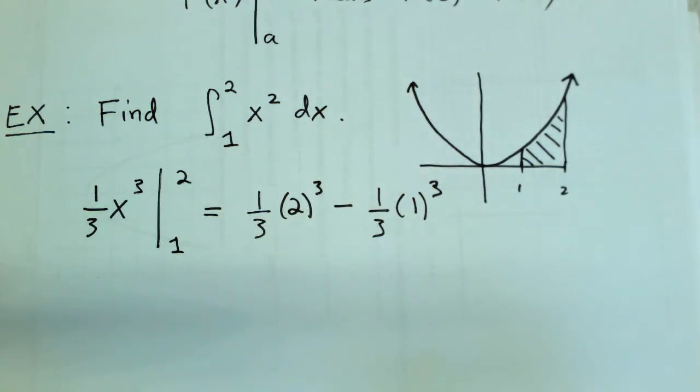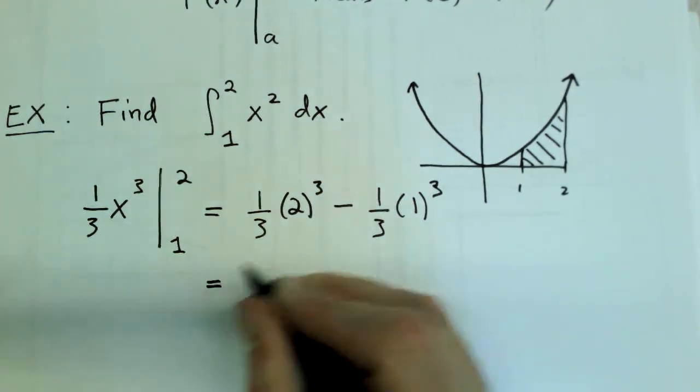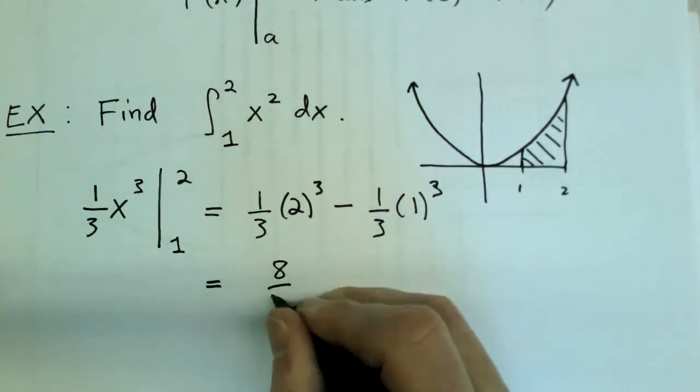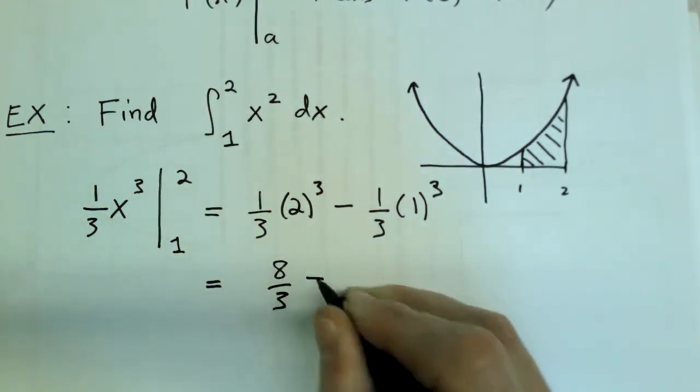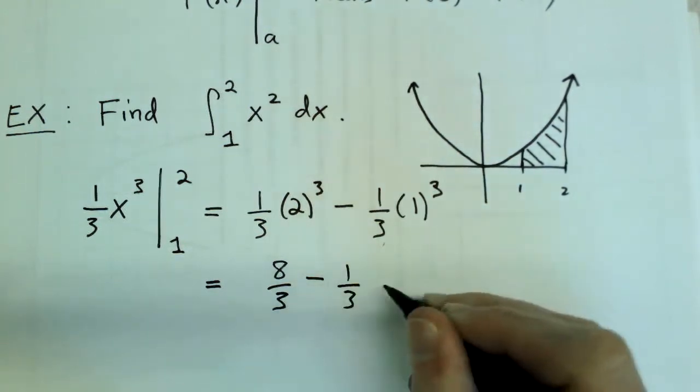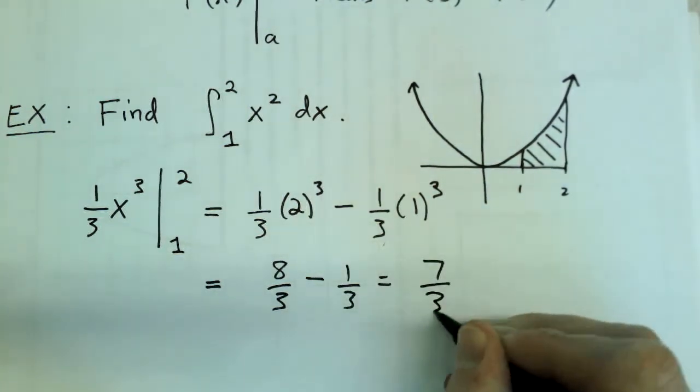And whatever that number turns out to be, that will be the value of the integral. So 2 cubed is 8. Divided by 3 is 8/3. Minus 1/3 times 1 cubed, that's just 1/3. So 7/3.